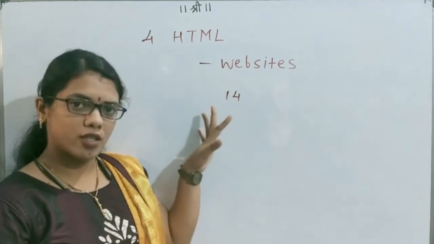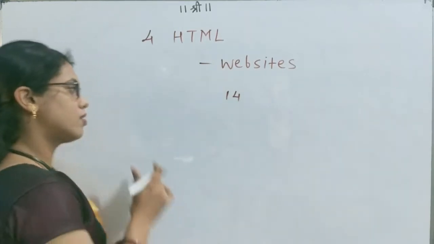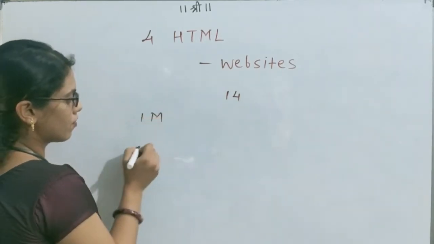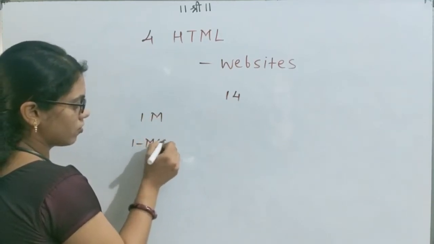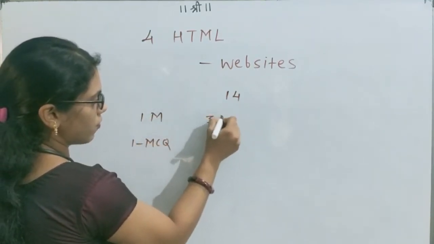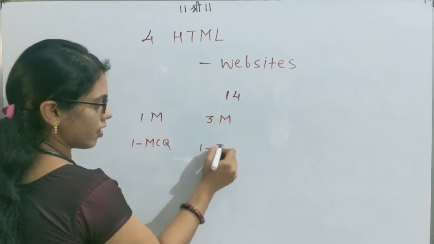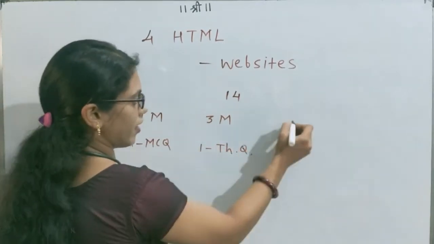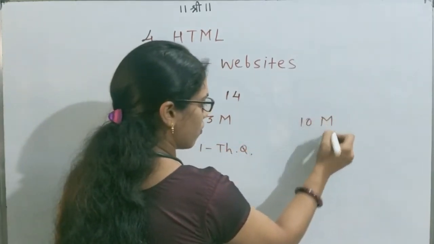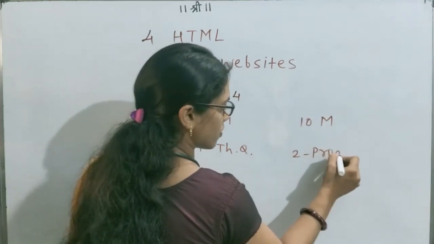Out of those 14 marks, 1 mark is for one MCQ, 3 marks for one theory question, and 10 marks for 2 programs.